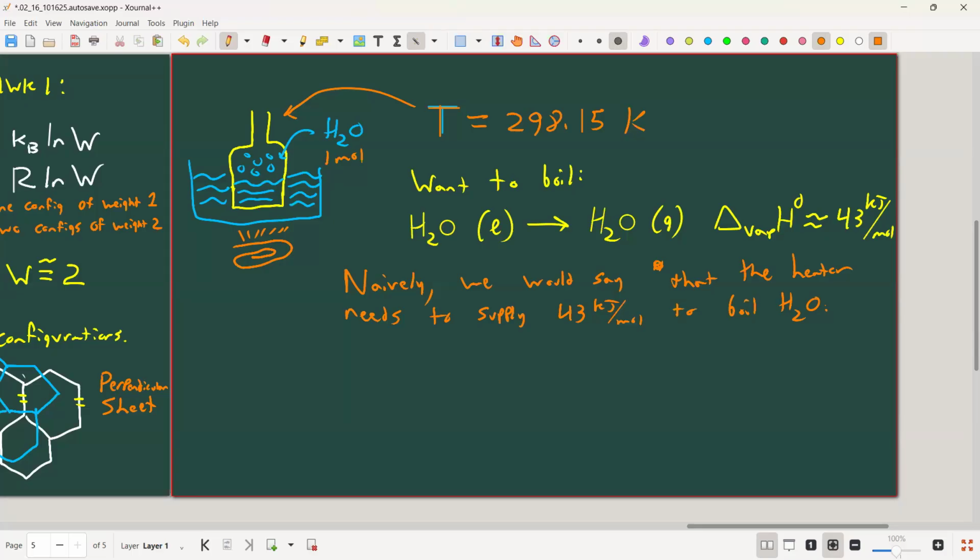Does it start boiling immediately? No. What happens to it instead? It just heats up. The water does not boil.